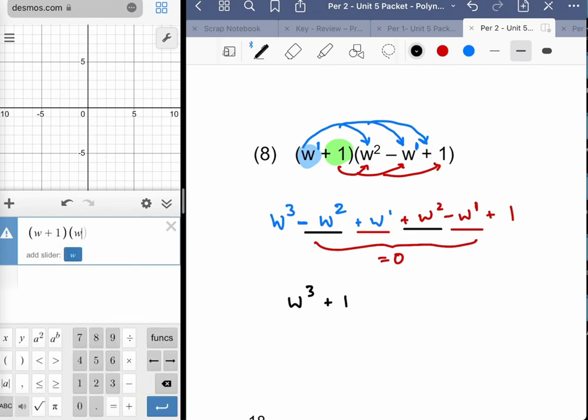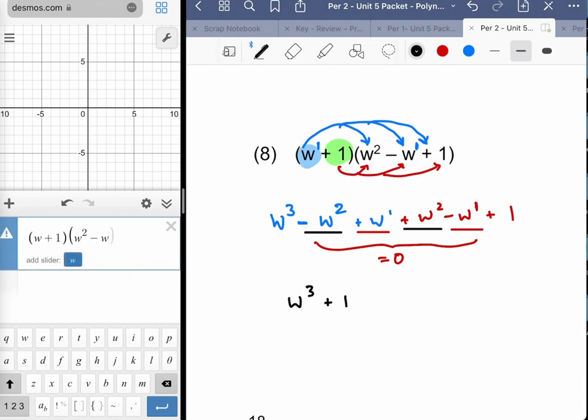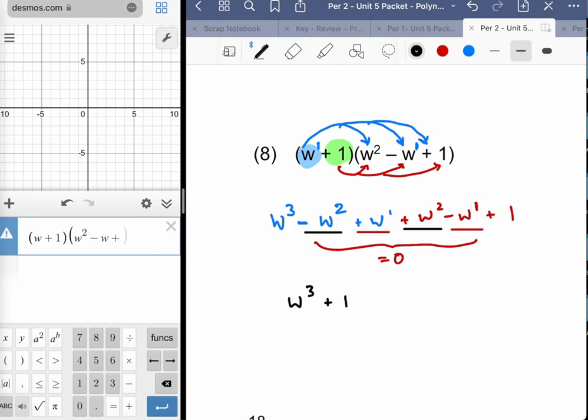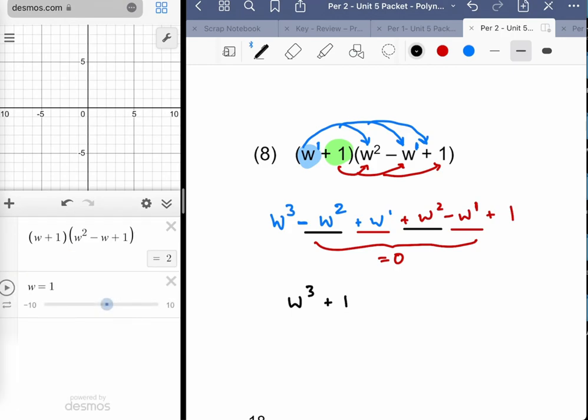W squared minus w. The difference is if you do it with an x, it'll create a graph. If you do it with the w, it'll ask you for a slider, but that's fine too. We're just looking for equivalence.